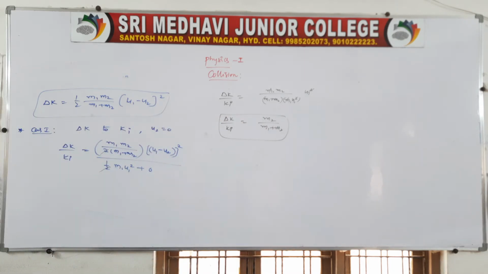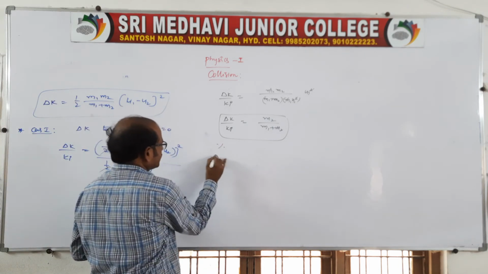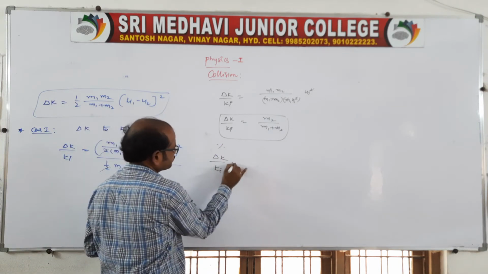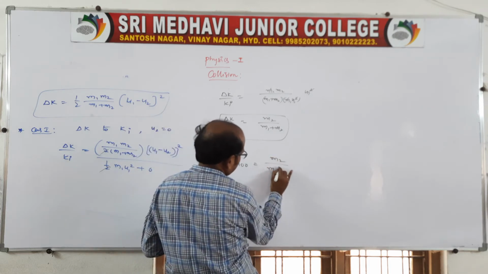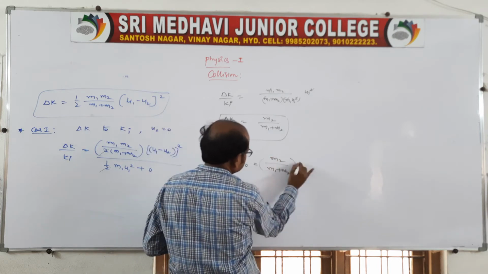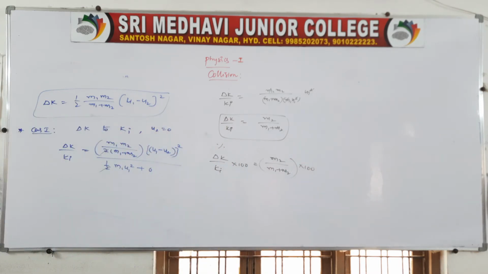Sometimes you may be asked for the percentage change in kinetic energy, so you multiply by 100. Clear? This is about the ratio of the loss in kinetic energy of the system to its initial kinetic energy.